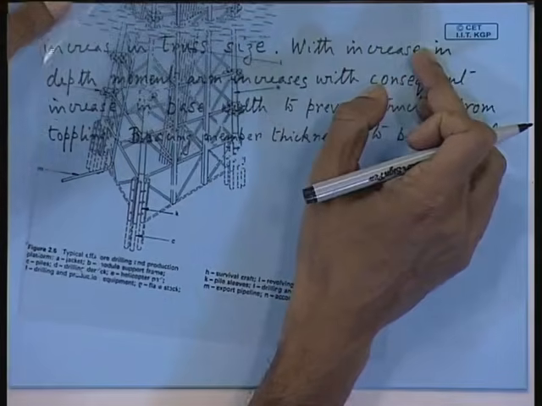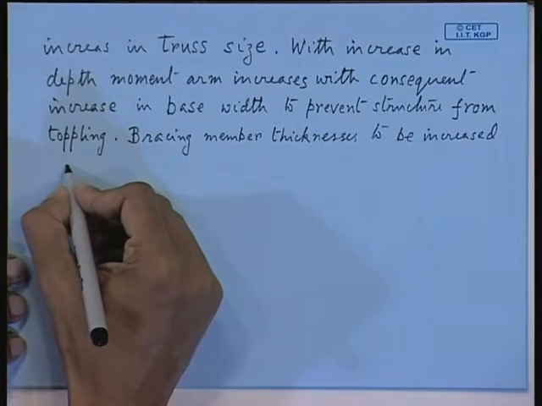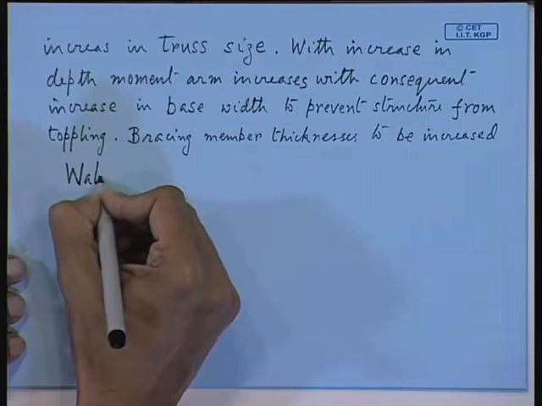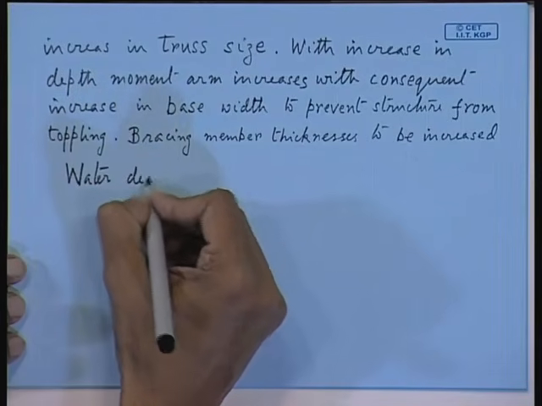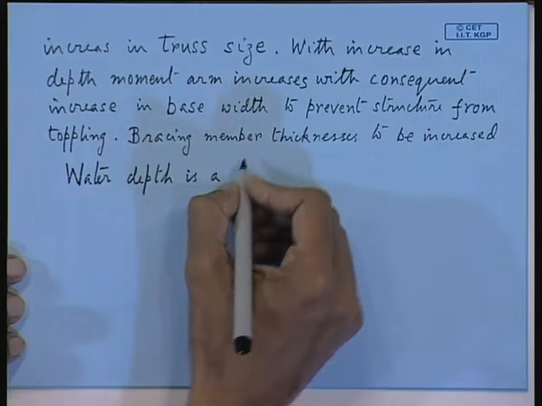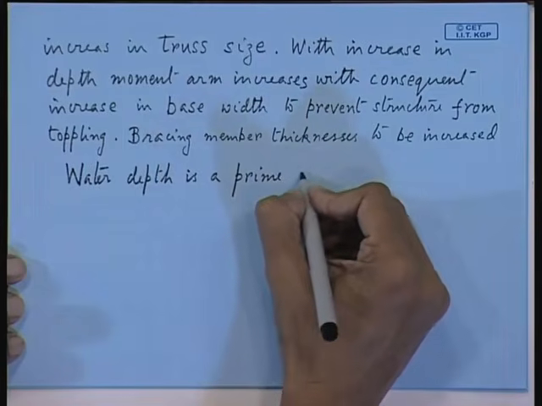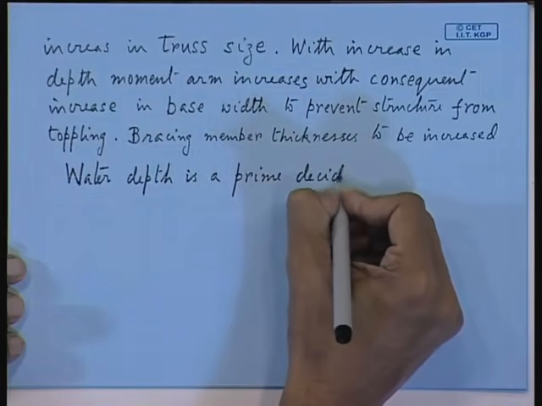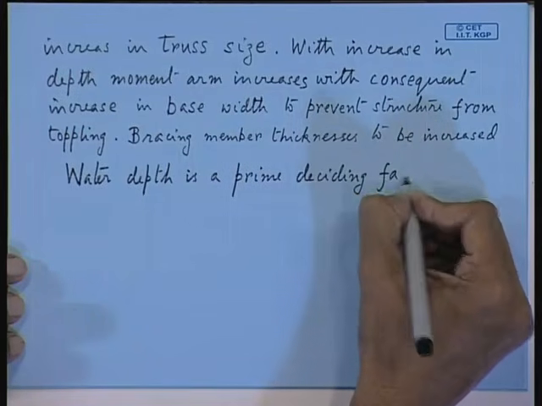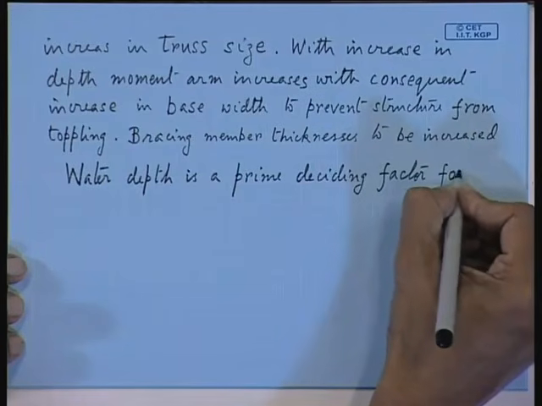So, for fixed structures, water depth is a very important category in determining structure size. So, you find that water depth is a prime deciding factor or a governing factor for determining structure size.